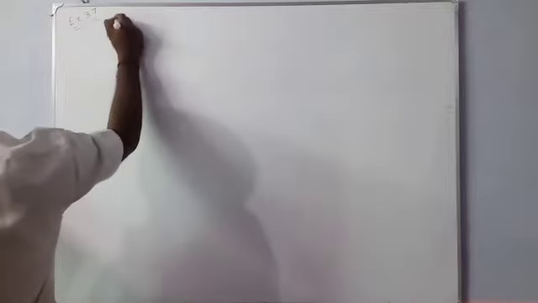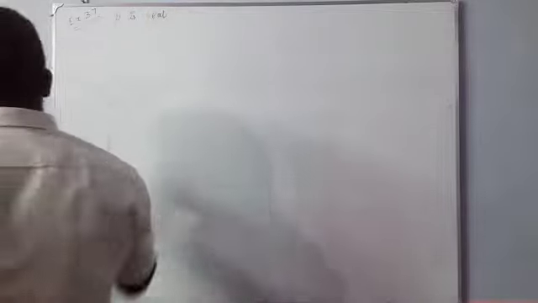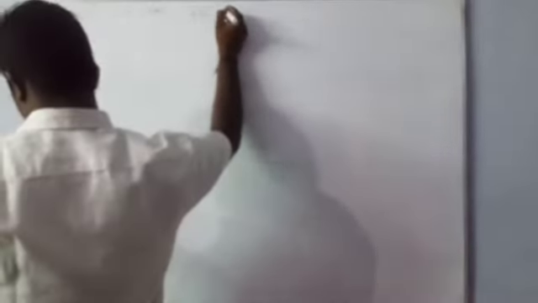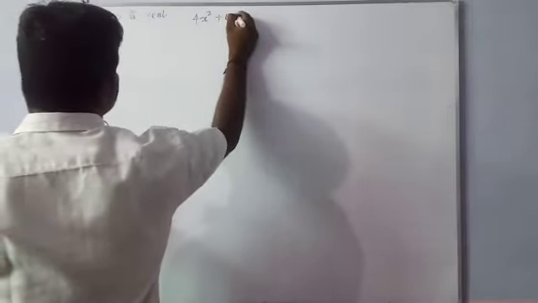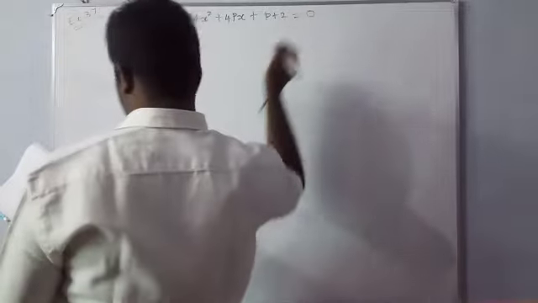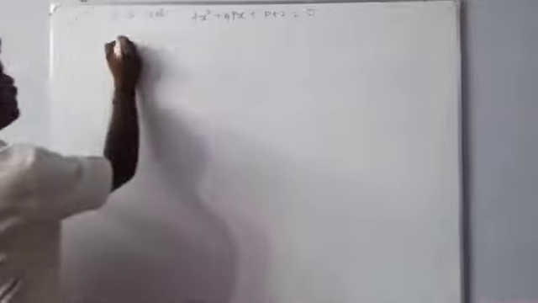If p is real, discuss the nature of the roots of the equation 4x squared plus 4px plus p plus 2 equal to 0 in terms of p. This is the quadratic equation. Now we find the root of the quadratic equation.